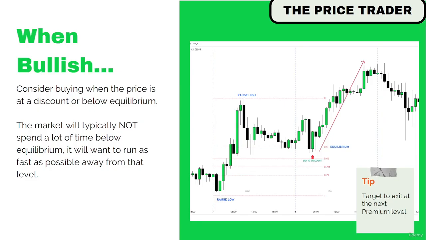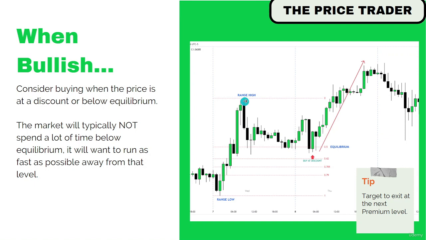So when bullish, I'll recommend that you consider buying when the price is at a discount or just below equilibrium. So we may get into any of these levels down here, but essentially you want to be a buyer below the equilibrium price point.